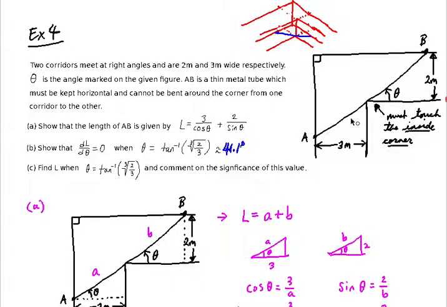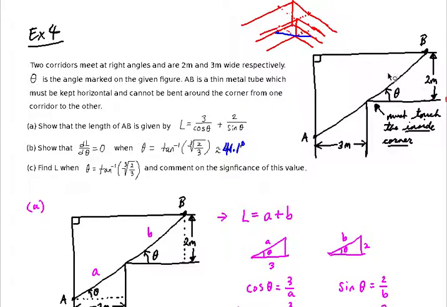So I have a tube AB. I'm going to try to move it through this hallway, but when I get to this corner, it must be kept straight. That's kind of what's happening here.